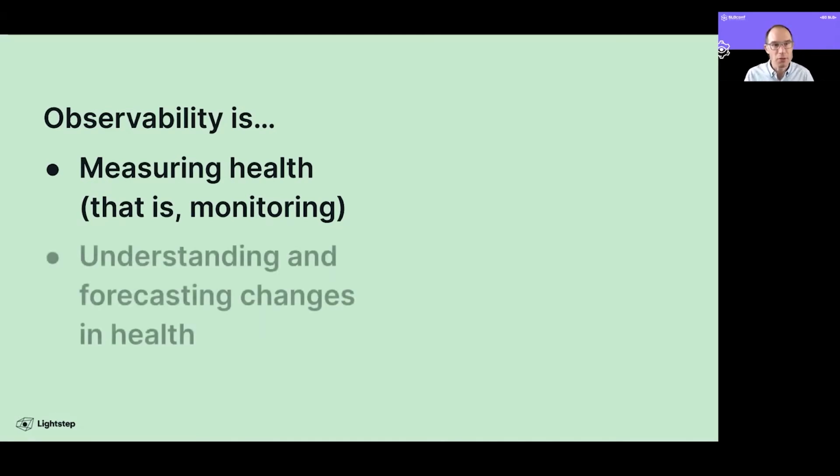The other half of observability, which is something that has changed a lot more recently, and that I think we think about in different ways, is how we understand and forecast changes in that health. To give an example, if the latency of my service changes, if the health of my service changes, how does that affect the health of other services? And that should sound familiar. That's really the exercise that we're going through here in trying to build an SLO.